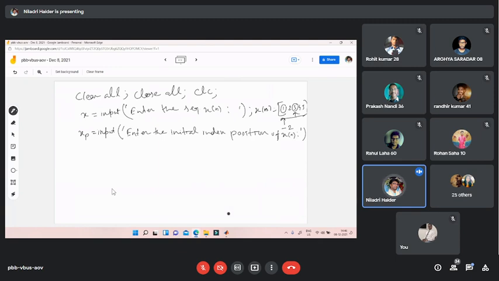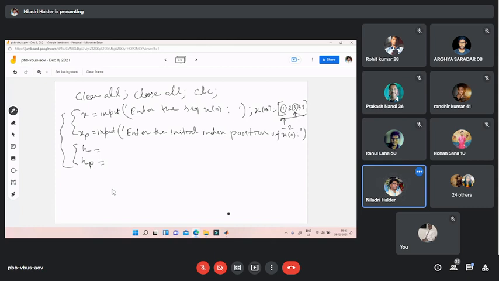So these are the two inputs related to x. Similarly, two inputs related to h: h and hp. h will be input, enter the sequence hn. hp will be input, enter the initial index position of hn. So these are the four inputs we choose.